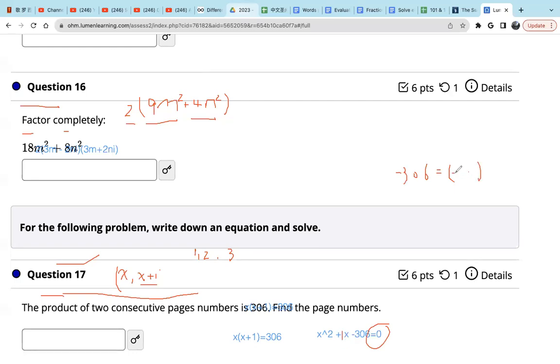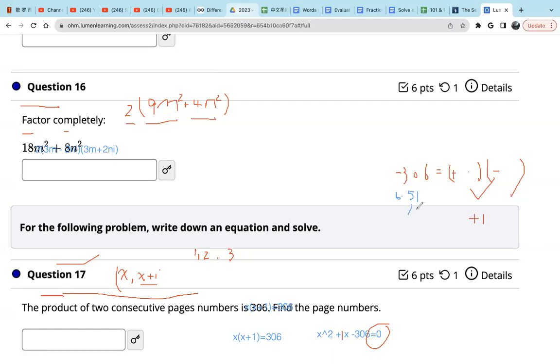So when you think of two factors of 306, one is positive, one is negative, and those two add up to +1. Well, let's see. 6 is a factor of this number, right? So this can be factored as 6 times 51. But the difference between 6 and 51 is too big.